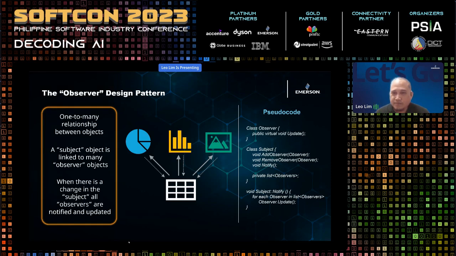In pseudocode, this is how it would look. You define an observer class, and you will have an update function. So when you call the observer class later on, you will invoke the update, so they update themselves basically. And then you have a subject class.